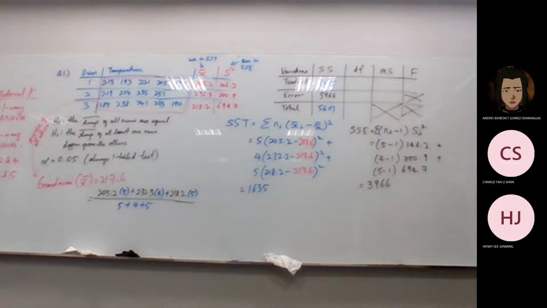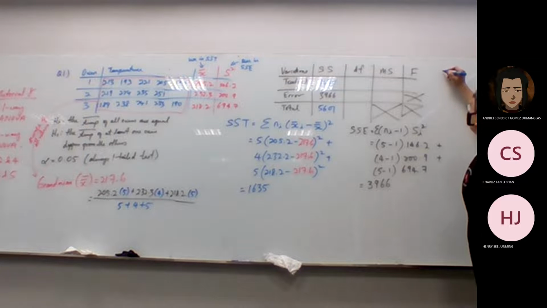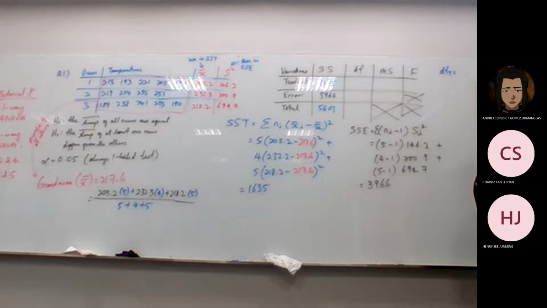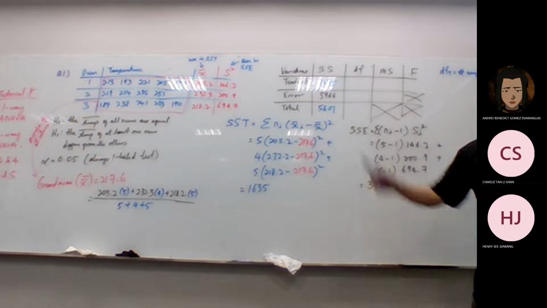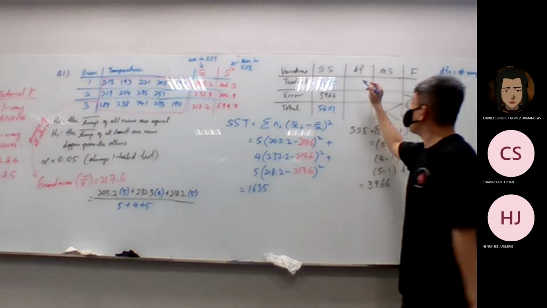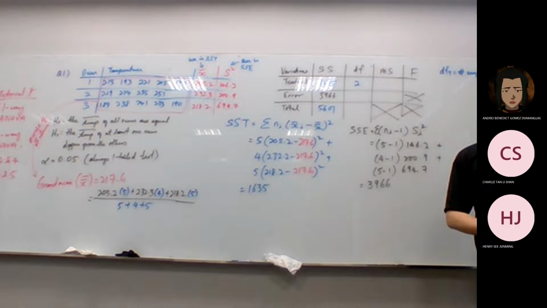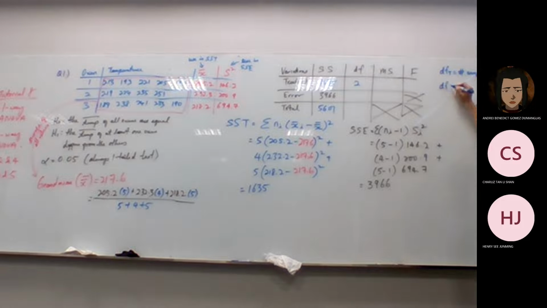Okay. Now, next step, degrees of freedom for treatment. Your degrees of freedom for treatment is actually the number of samples minus 1. In this case, it's 3 minus 1. So you have 2 here. But your degrees of freedom for total is actually sample size minus 1.